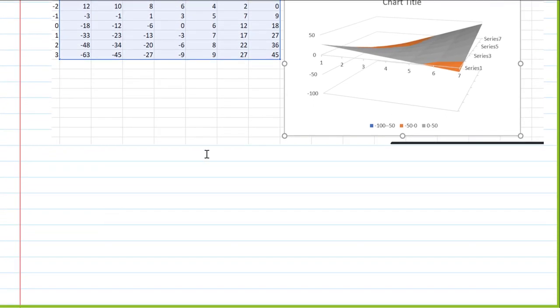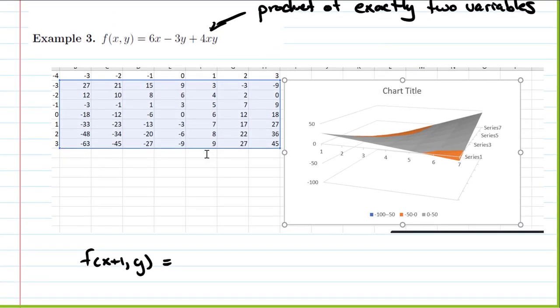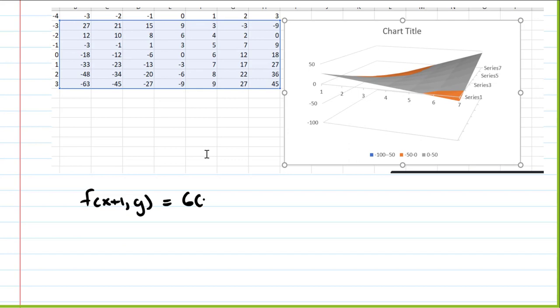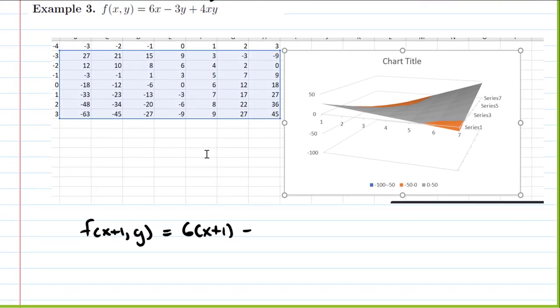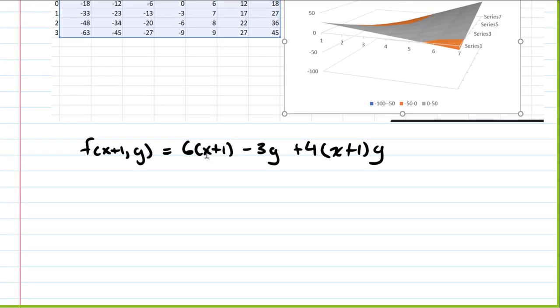If I evaluate f of x plus 1, y, I'm going to replace x with x plus 1. I get 6 times x plus 1, minus 3y, plus 4 times x plus 1 times y. So we distribute into our parentheses, and that gives us 6x plus 6 minus 3y.